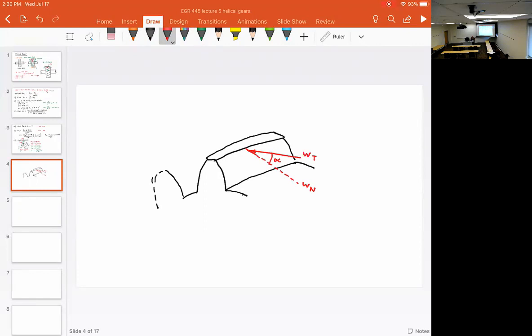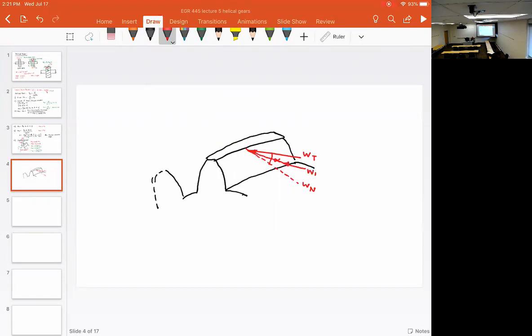However, recognize once again that this Wn is the projection of Wn bar onto the plane. So you are going to have another Wn over here.